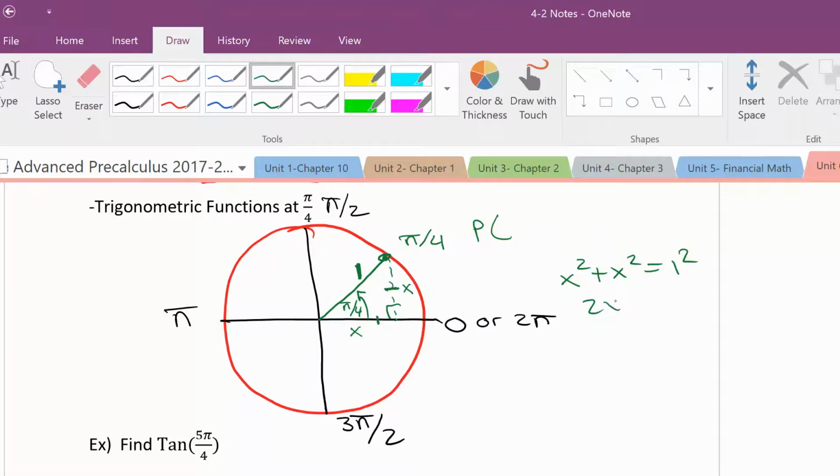Then 2x squared equals 1, x squared equals 1/2. Take the square root and you get 1 over rad 2, which rationalizes to rad 2 over 2. So the point where pi over 4 intersects the unit circle would be rad 2 over 2 and rad 2 over 2, because these are both the same.